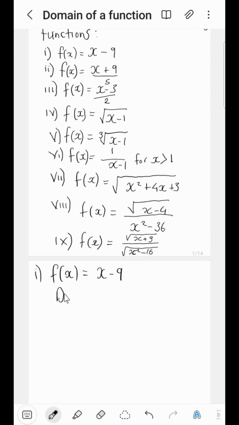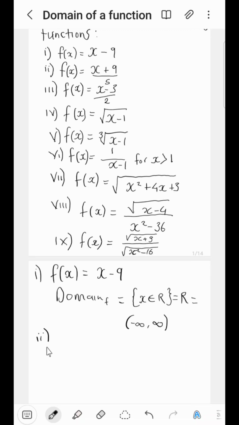So we say domain of f is equal to real numbers, or you can say x as a member of real numbers, or you just write real numbers, or if you want you can write it negative infinity to infinity. Okay, we'll move on.